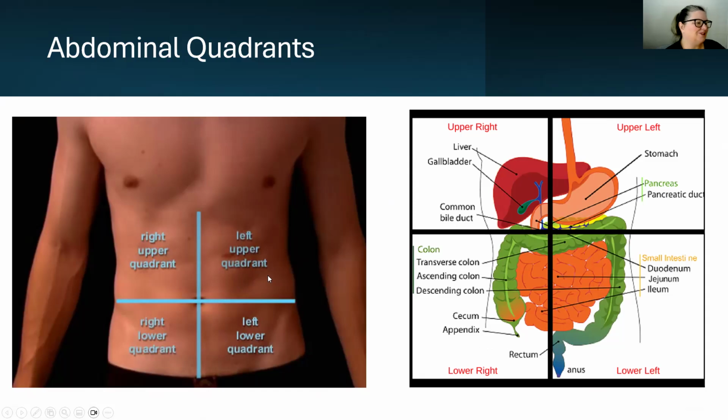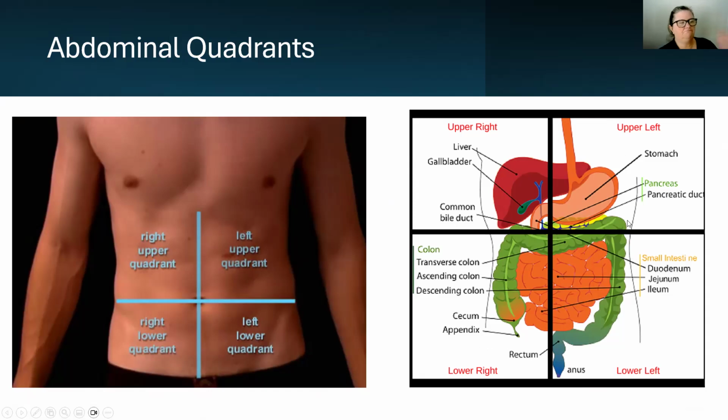So there are four quadrants, of course, quad meaning four. The right upper quadrant, the left upper quadrant, the left lower quadrant, and the right lower quadrant. These can all be abbreviated as well as RUQ, RLQ, LUQ, and LLQ.